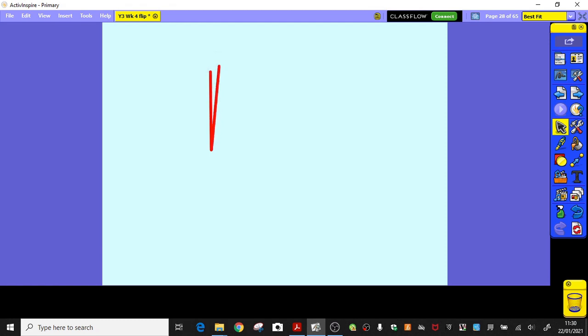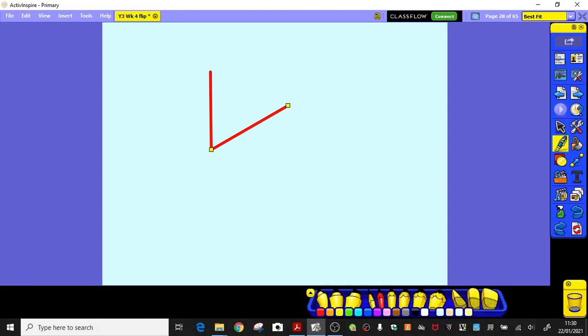And if I turn this line away from that one, we've now created an angle. This gap between the lines is called an angle. So the angle is a measure of how much one line has turned away from a second one. And it's measured in something called degrees.